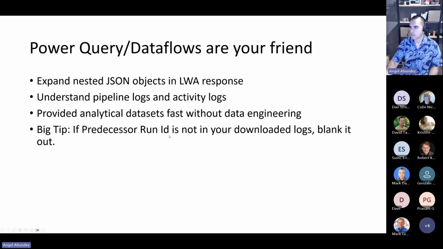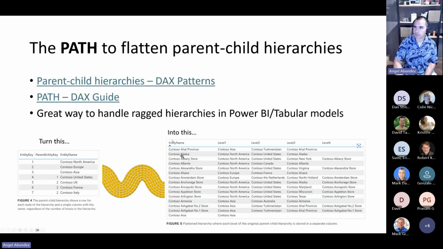So the tip here is just to blank it out. If any of you are interested in a deeper dive on that, I could probably write a blog post to explain what I did to get this path function to work seamlessly.